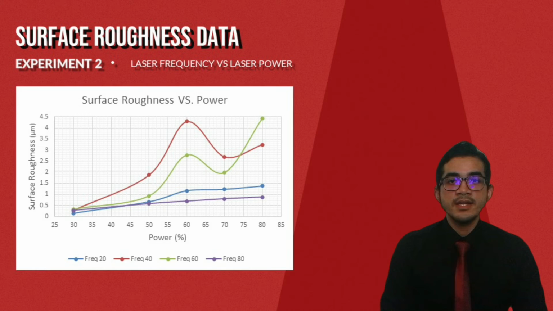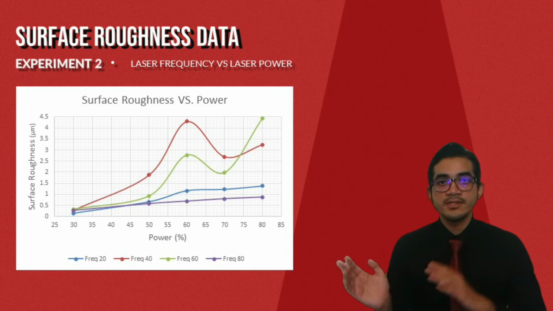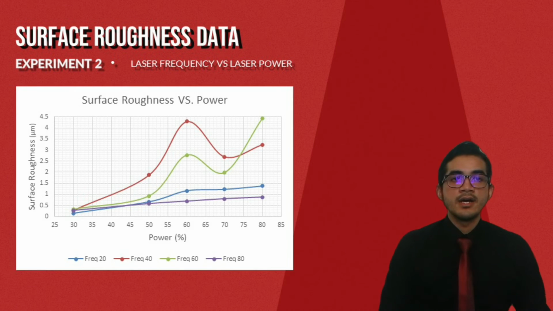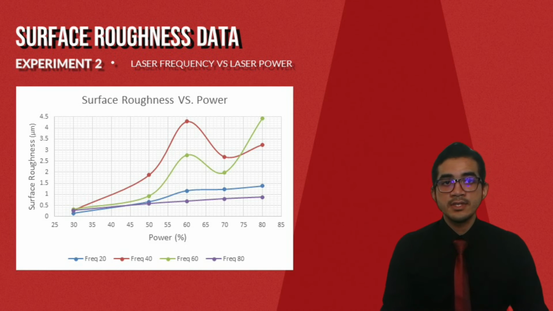So I can conclude that when the power is increasing, it contributes to a high surface roughness value.